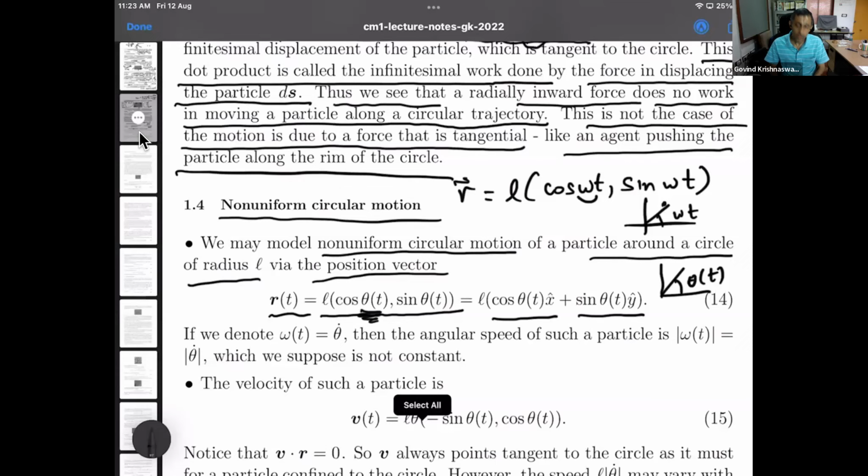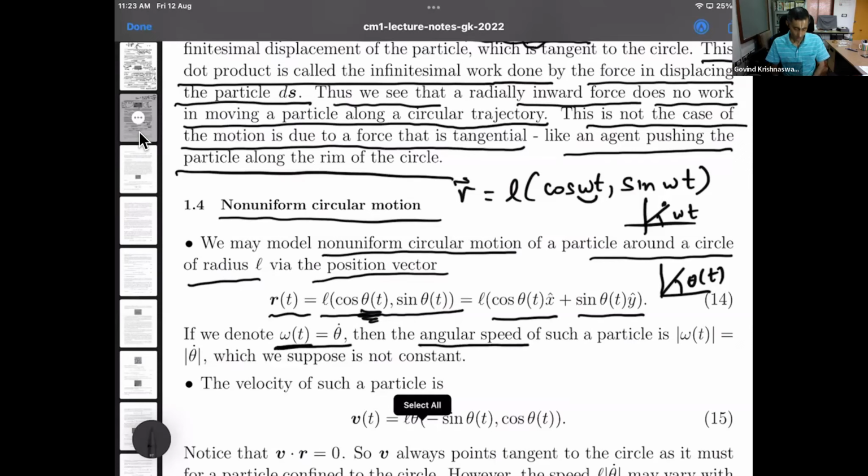Now let us see what the consequences are for things like velocity, acceleration, and so on. For convenience, and because it's quite reasonable, let us denote the time derivative of theta, the rate of change of angle, which is called the angular speed. We will denote it omega of t.